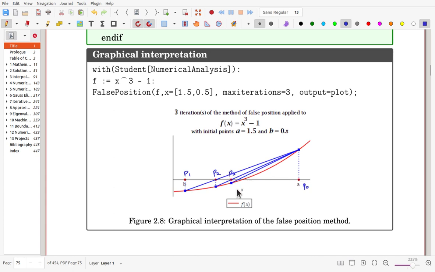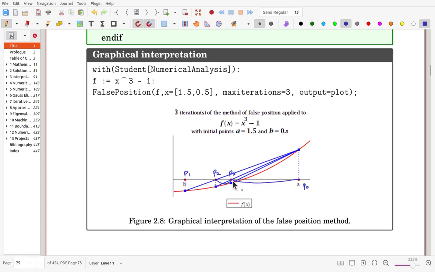Now the last two points are this one, and P3 appears as a new point, and we test again whether the solution is on this side or that side.